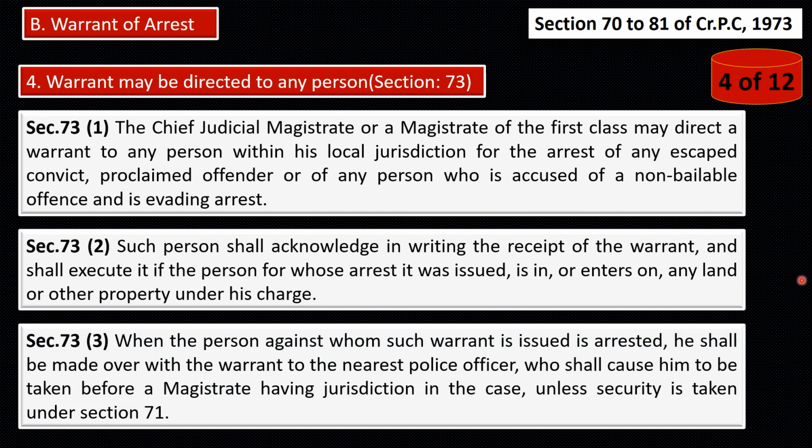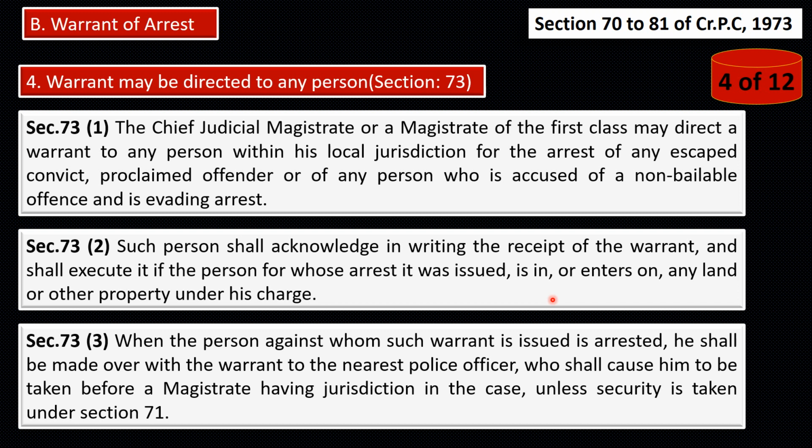Subsection 3 of section 73 says this thing, when the person against whom a warrant is issued is arrested, he shall be made over with the warrant to the nearest police officer who shall cause him to be taken before a judicial magistrate having jurisdiction in this case unless security is taken under section 71.